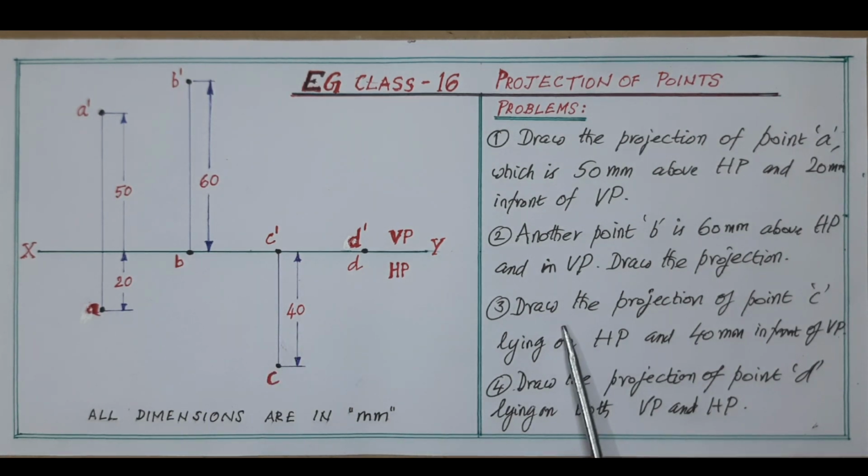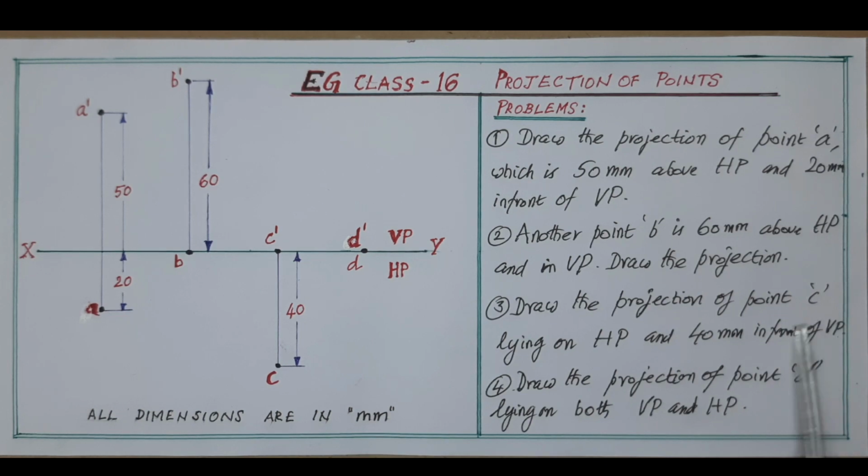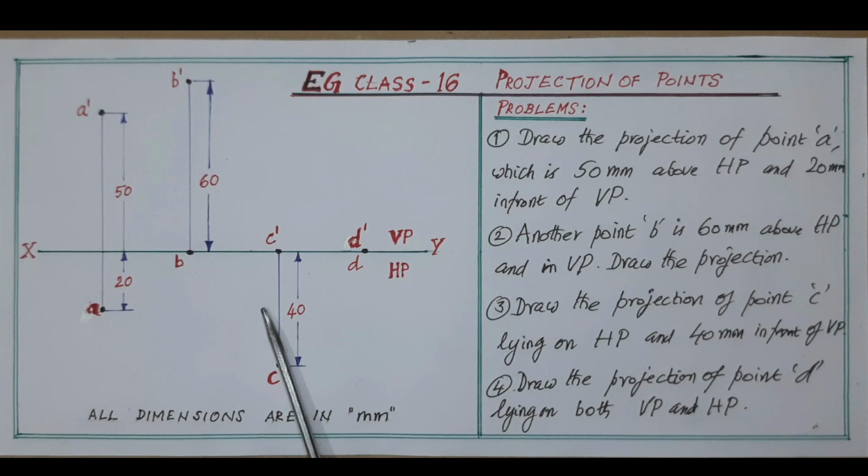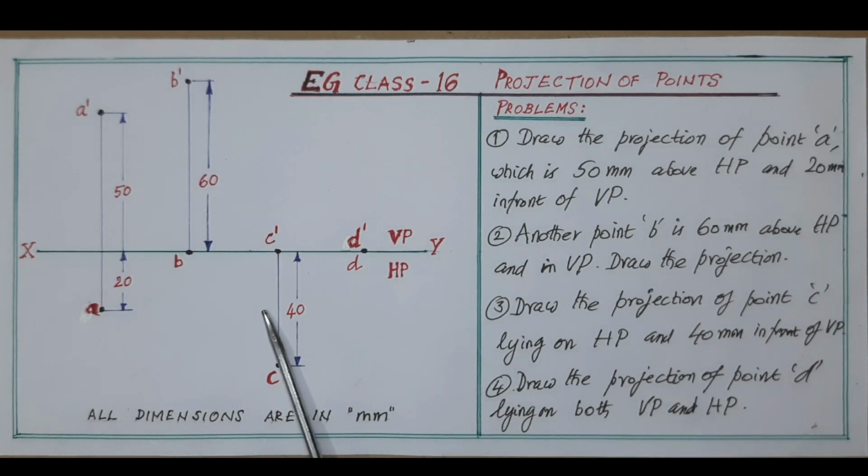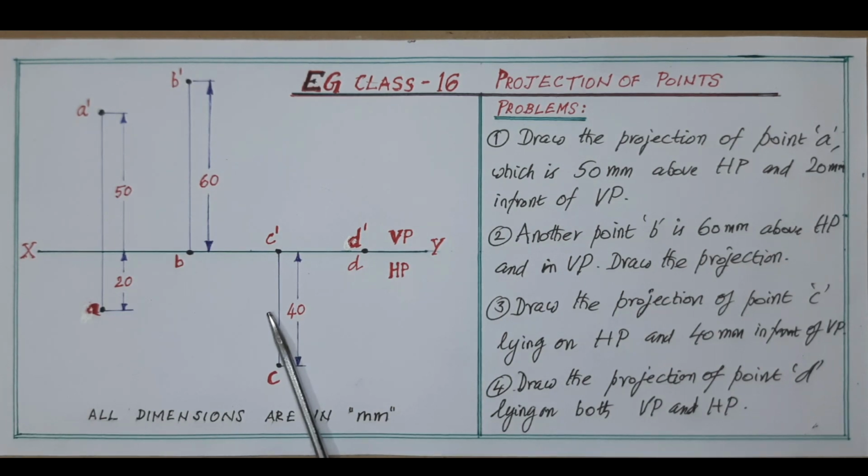Next, as per problem 3, draw the projection of point C lying on HP and 40 millimeter in front of VP. Similarly, as per this problem, point C is lying on HP first, that is on XY line itself as the first image, and as well as the next image, that is 40 millimeter in front of vertical plane when viewed, which should be shown on horizontal plane as discussed.